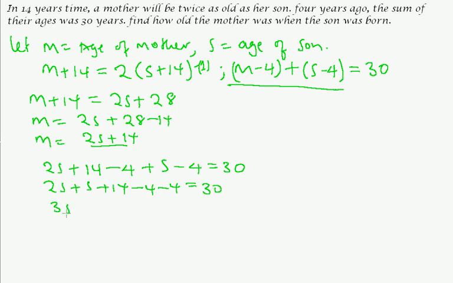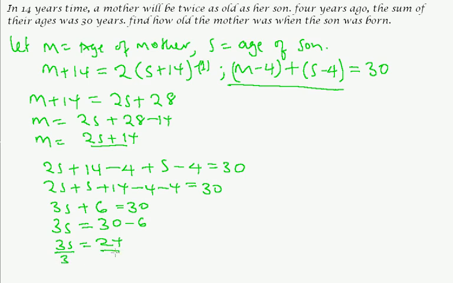This one becomes 3s plus 14 minus 4 is 10, minus 4 is 6, plus 6 is equal to 30. So 3s is equal to 30 minus 6. 3s is equals to 24.